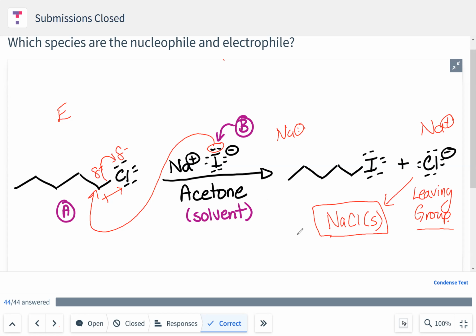So yeah, this is an interesting reaction because we'll see later on that iodide itself is a good leaving group. So this is a way to overcome that by using a specific solvent to make sodium chloride insoluble, and it crashes out of the solution. But the key point to this was that indeed iodide here is the nucleophile, your alkyl halide is the electrophile.